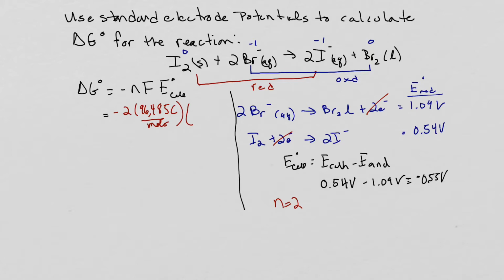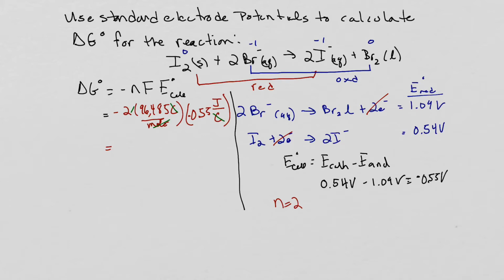And then our cell potential, negative 0.55. Now remember, this is voltage, and voltage is equal to joules over coulombs. I put it this way just so we can see the units cancel a little easier. Our coulombs will cancel, and the moles of electrons cancel, so we end up with joules as our final unit.